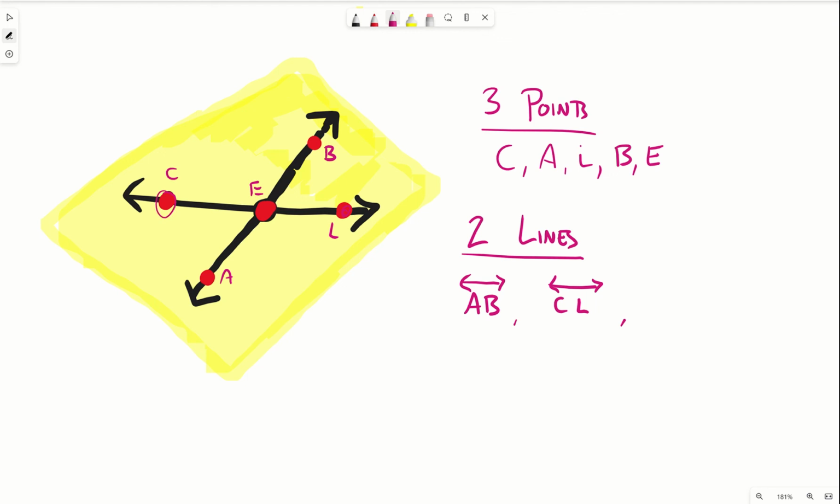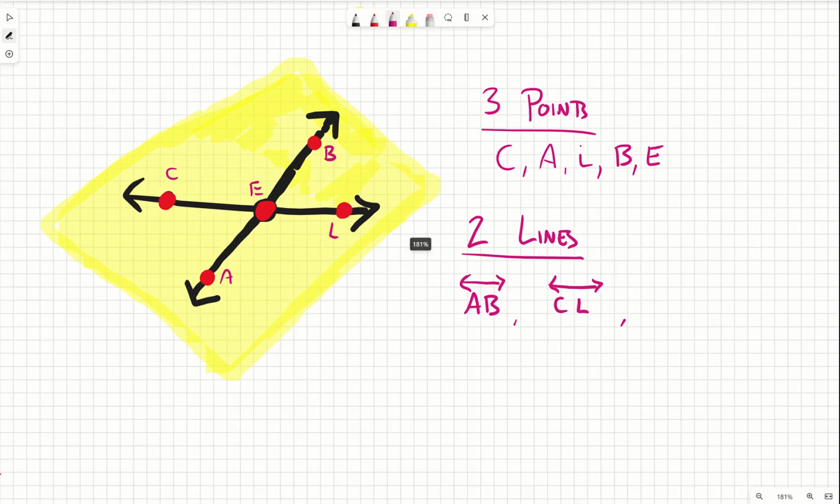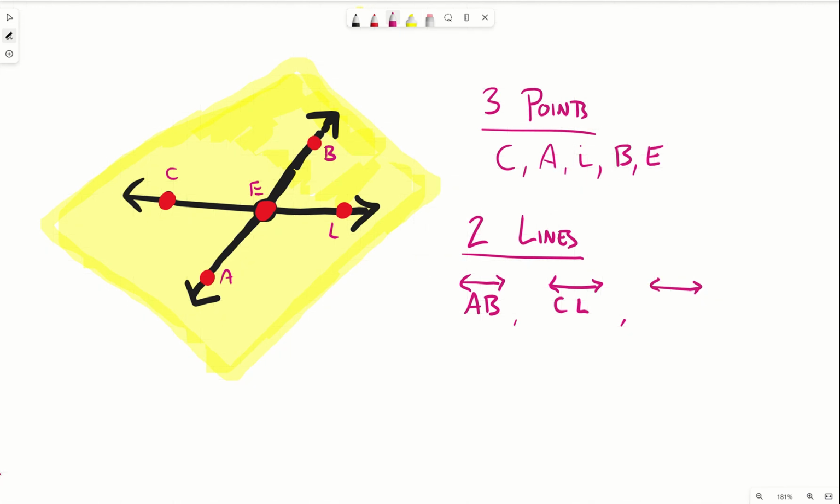We could say I have a line that goes through C and E. This line extends through these 2 points forever and ever, right? So I could say CE as well. There are lots of lines made up in this figure.